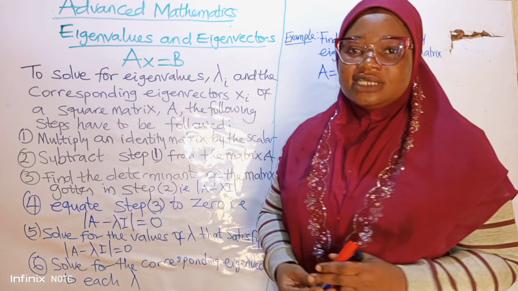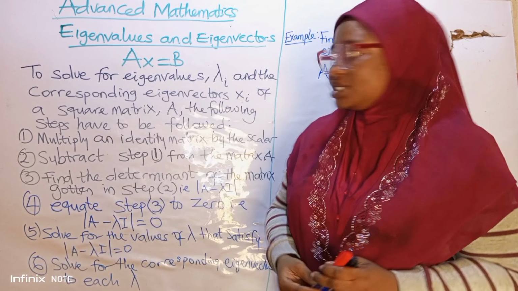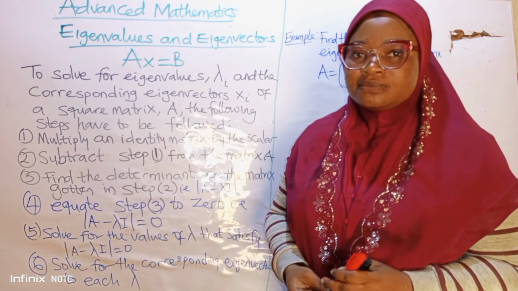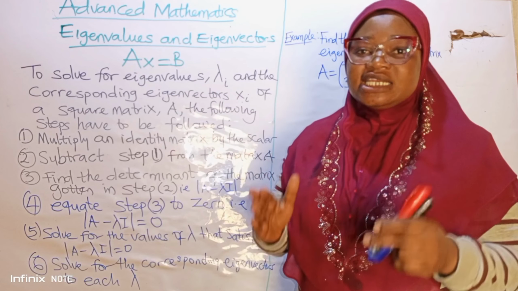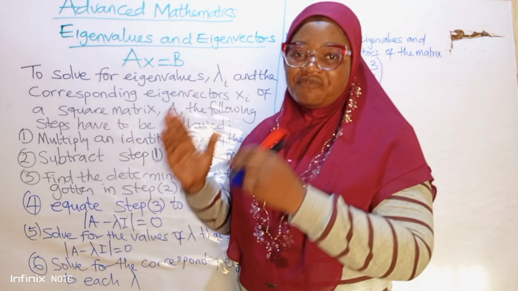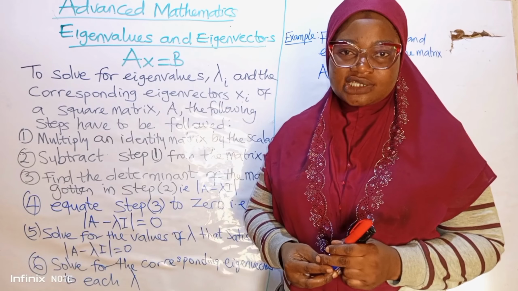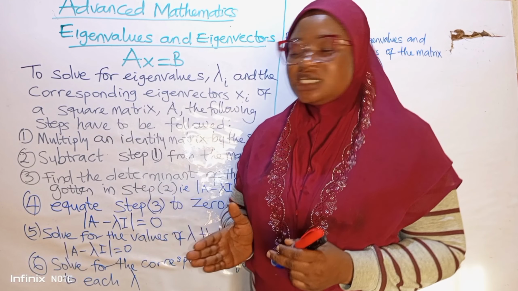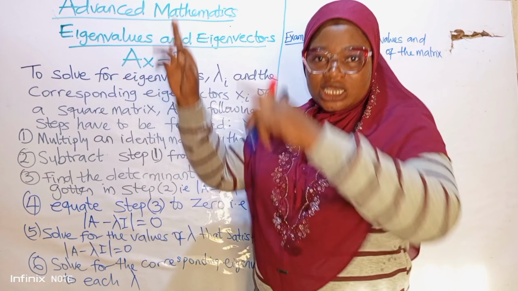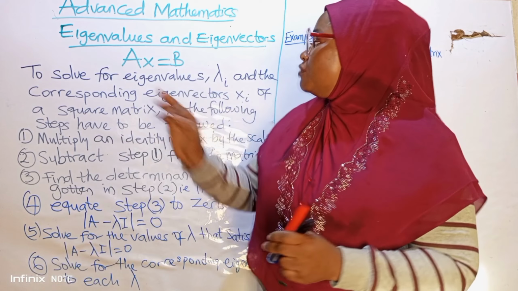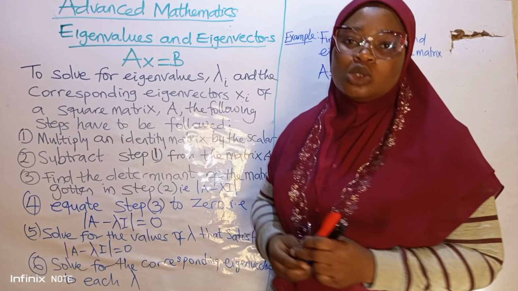Where A is a square matrix, X is a column matrix, and B is also a column matrix. What this means is that for every square matrix, there is always a special vector beside it. This is the vector X. It is special in the sense that if you multiply the square matrix by it, you still get a column matrix.